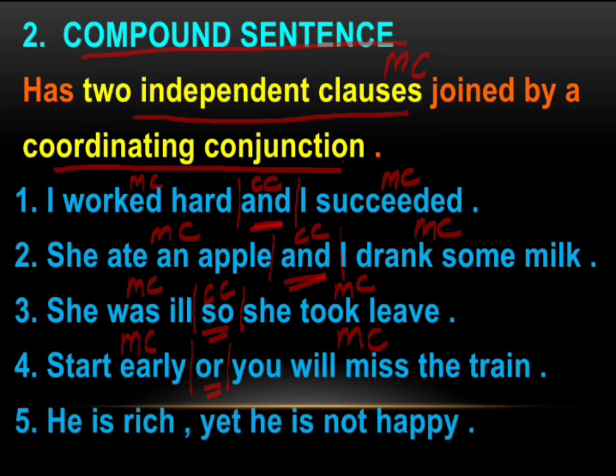The next example, he is rich yet he is not happy. He is rich is one main clause. He is not happy is another main clause, and this yet is the coordinating conjunction. So a compound sentence has two independent clauses or two main clauses, and these two main clauses are joined by a coordinating conjunction.